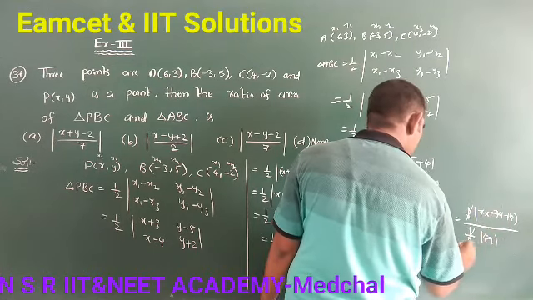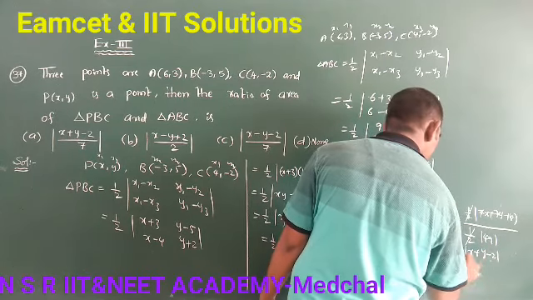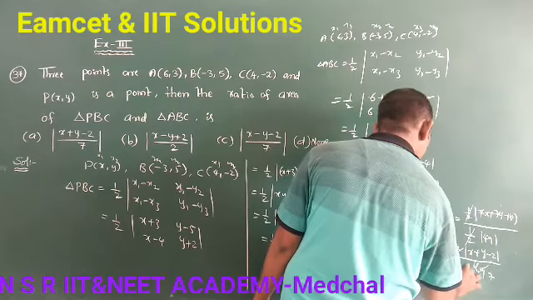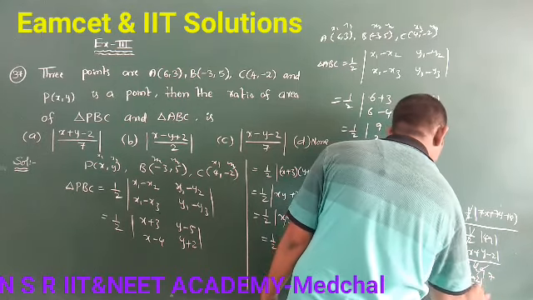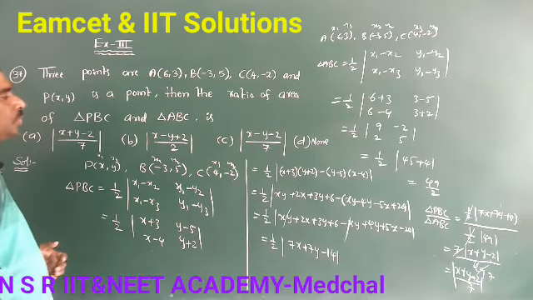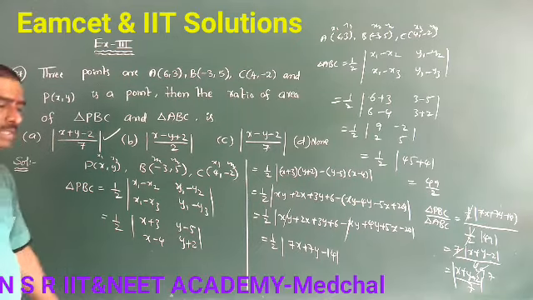Take 7 common: 7 times (x plus y minus 2) by 49. Since 7 sevens are 49, we get mod of x plus y minus 2 by 7. So our answer is A.